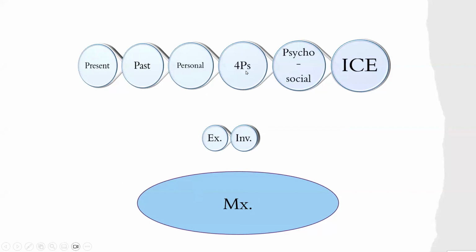Then 4 Ps, and this category is only for females. What are 4 Ps? Period, pregnancy, pills, and pap smear. All right? These 4 Ps, you can think about them if you have a female patient, and you can skip some of them. All right? So it's based on the situation and the symptom that you deal with.